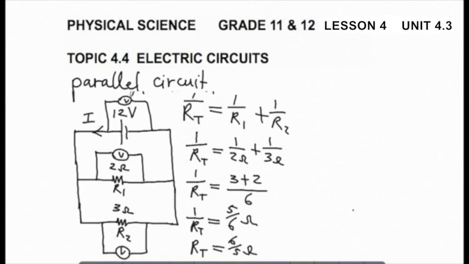So we substituted the values 2 and 3 for the resistors R1 and R2, which we computed, and got 5 over 6. To be 6 over 5, because 5 over 6 is supposed to be taken as the reciprocal, and then the total resistance will be 6 over 5.